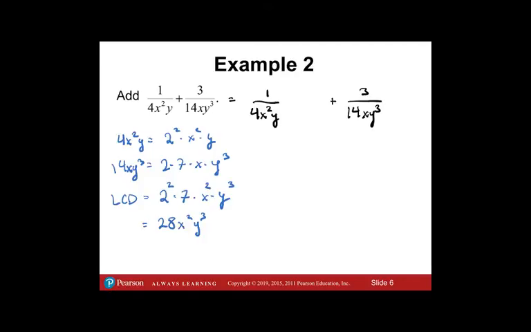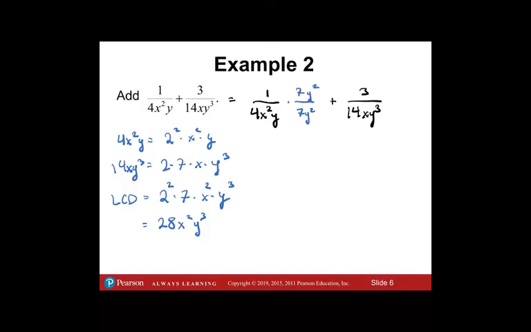For the first fraction, we already have our x squared. We need y cubed, so we multiply top and bottom by y squared. For the 28, we're missing a 7, so we multiply by 7. Is it safe to say that something divided by itself, other than 0, is 1? So we're really just multiplying by 1, so we're not changing the answer. We're just manipulating the form so that we can do what we need to do.